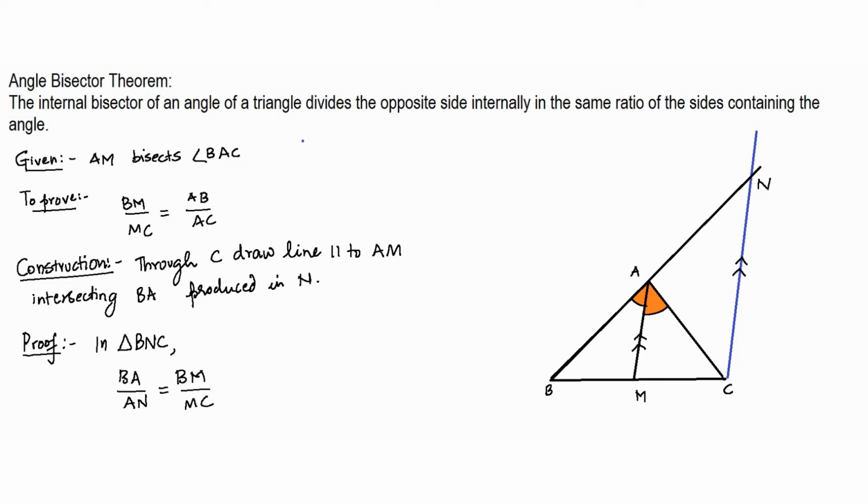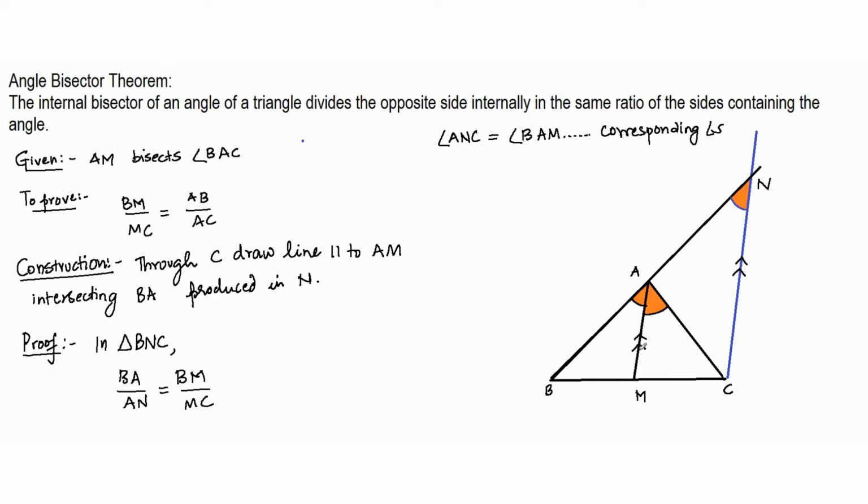Now, because AM and CN are parallel, I can say that this particular angle, angle ANC, is equal to angle BAM because these are corresponding angles.